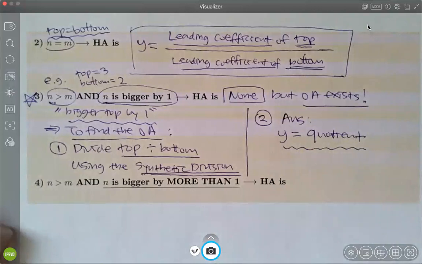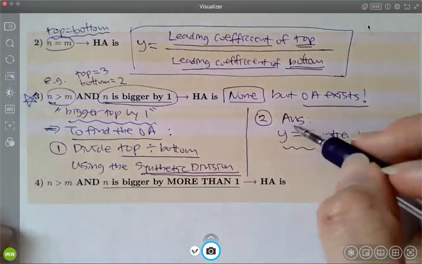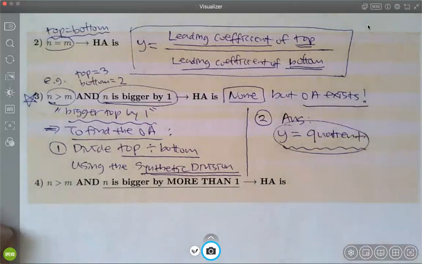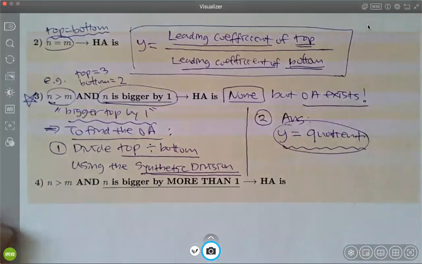This is kind of sloppy notation, but it's not y equals the word quotient, it's y equals whatever quotient that you get. So we don't ever look at the remainder here.